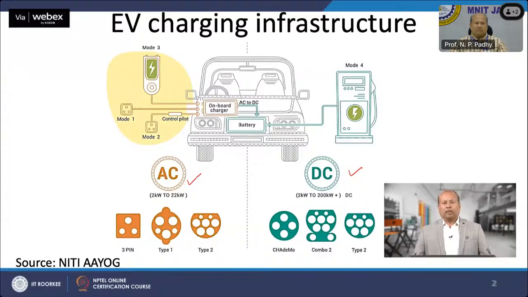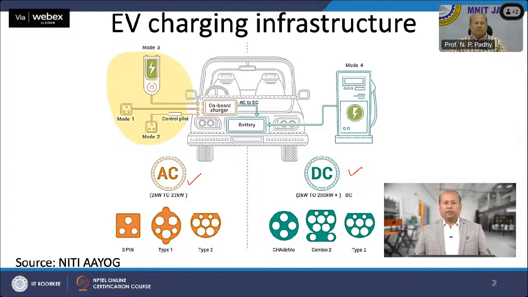Wall boxes, commercial charging points, and all automatic charging systems come under this mode of charging. Mode 4 offers DC supply directly to the electric vehicles. This requires a current converter external to the vehicle that connects the charging cable.